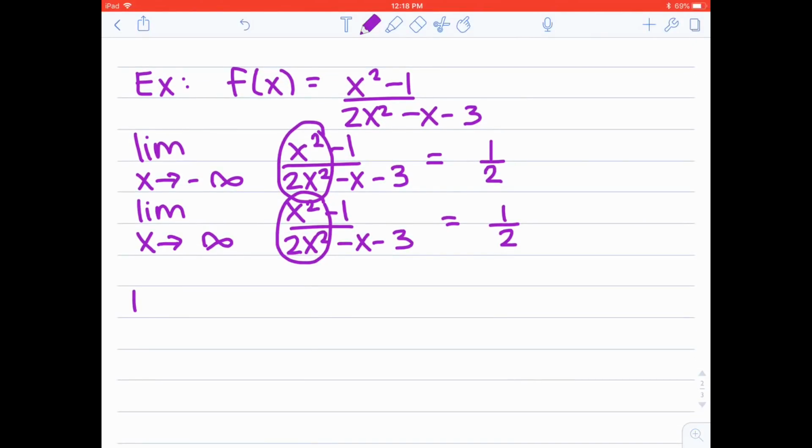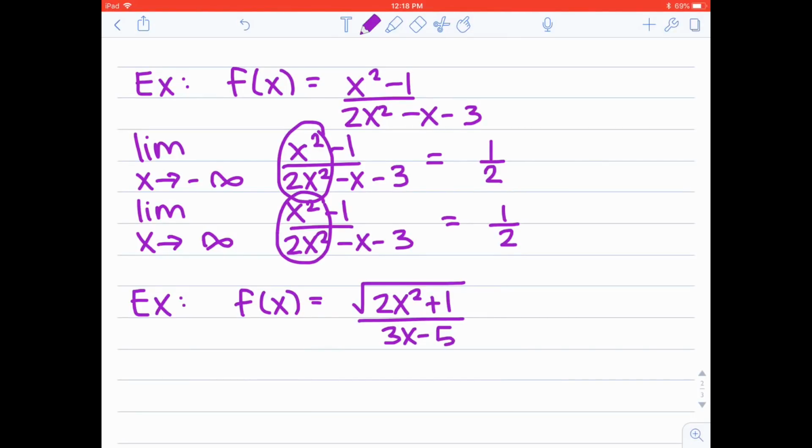Alright, and then last example for these type of asymptotes, we're going to look at f of x equals the square root of (2x squared plus 1) over (3x minus 5).